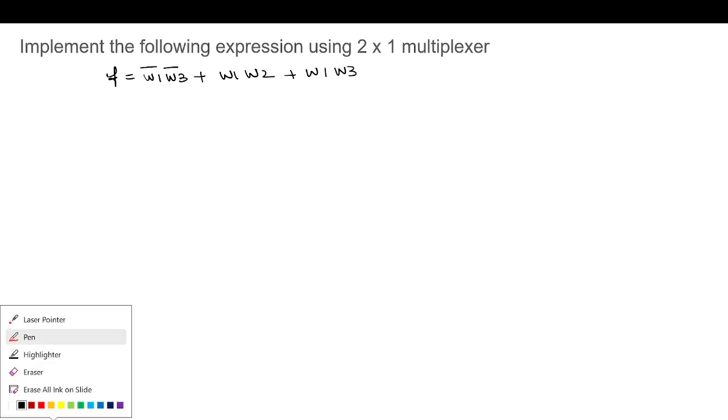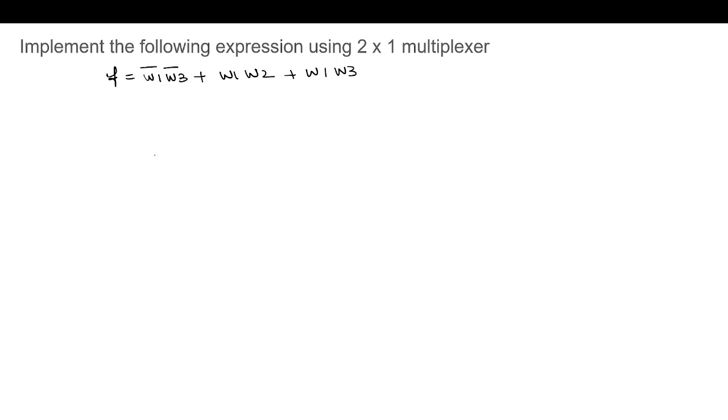If you want to implement a smaller function, let's consider f is equal to w1 w3 complement plus w1 w2 plus w3, using a 2 to 1 multiplexer. So f is expanded with respect to w1, taking one variable because only one is different.